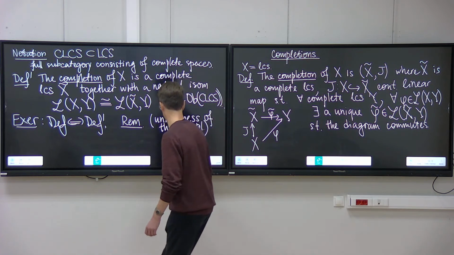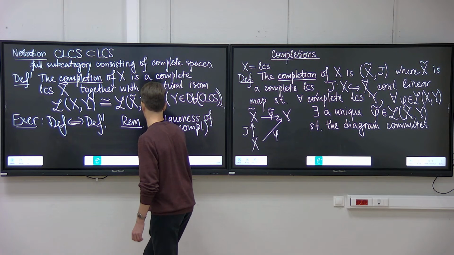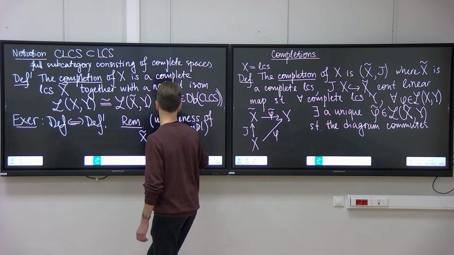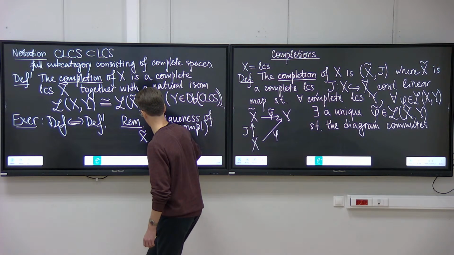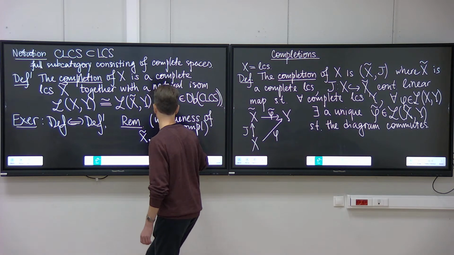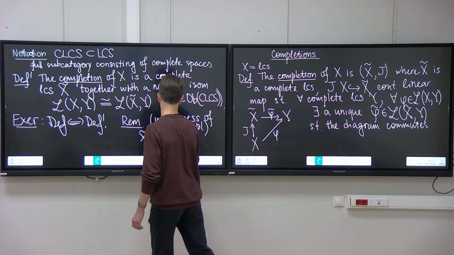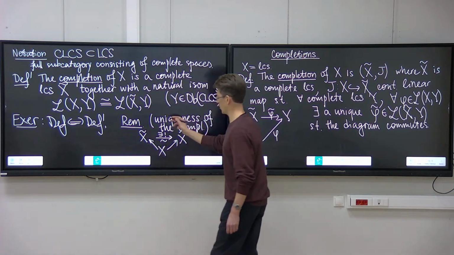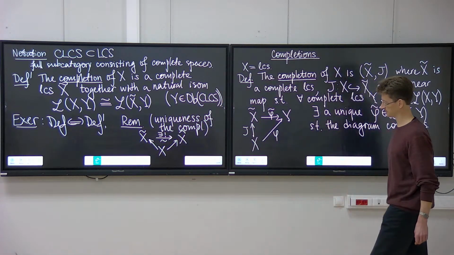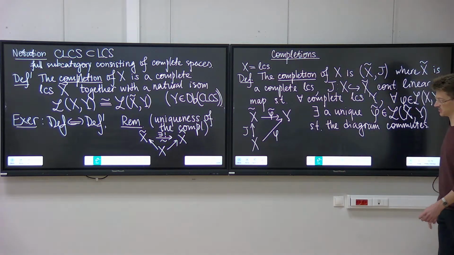You have two completions of the same space X, say X tilde and X hat, together with the respective maps from here to here and from here to here. Then there exists a unique topological isomorphism between the completions, which makes the diagonal commute. This is immediate from our definition.